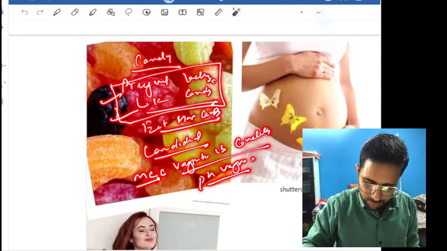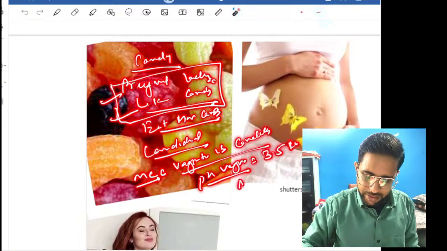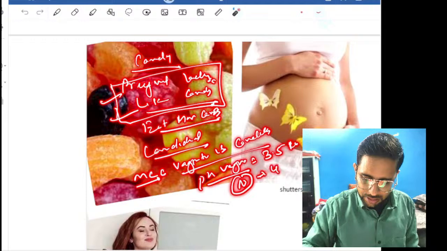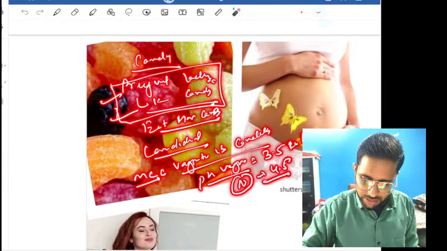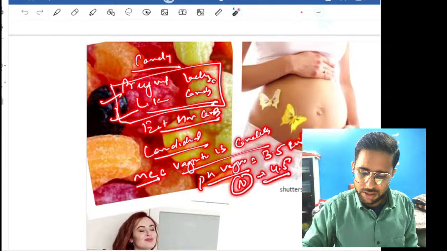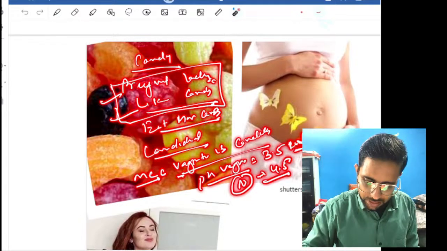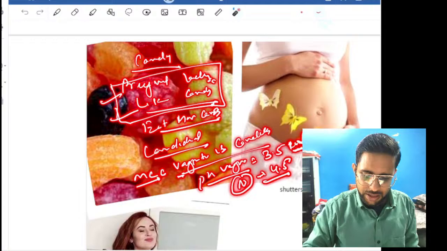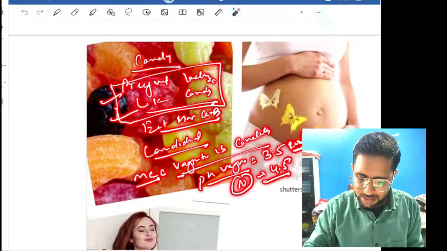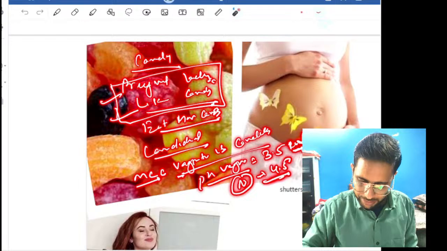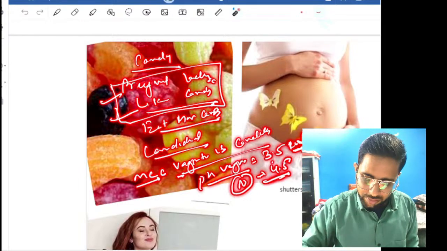The pH of the vagina in pregnancy is 3.5, and the normal pH of the vagina is 4.5. In pregnancy the pH of the vagina decreases, so pathological organisms do not grow, but Candida can survive in this decreased pH.